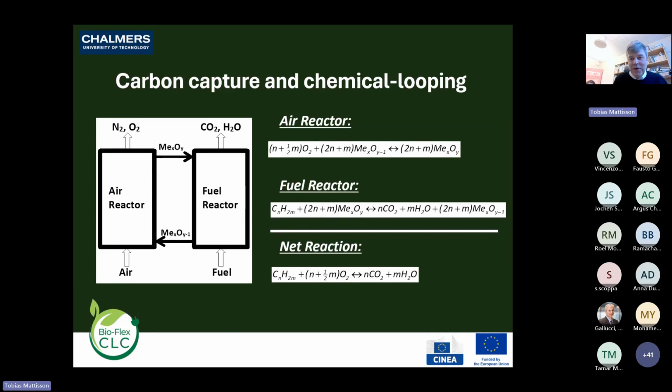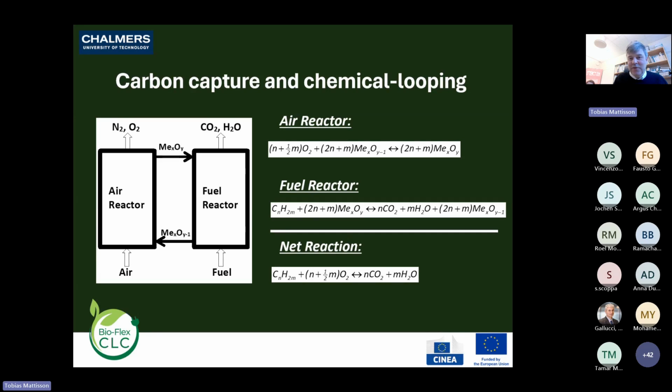After condensation, you should obtain a rather pure stream of CO2. The reduced metal oxides are transferred to an air reactor where they are oxidized back to the fully oxidized state. Here it's basically just grabbing the oxygen from the air, so in the outlet you have a depleted airstream with some oxygen, but mostly nitrogen. So this is how the cycle works.